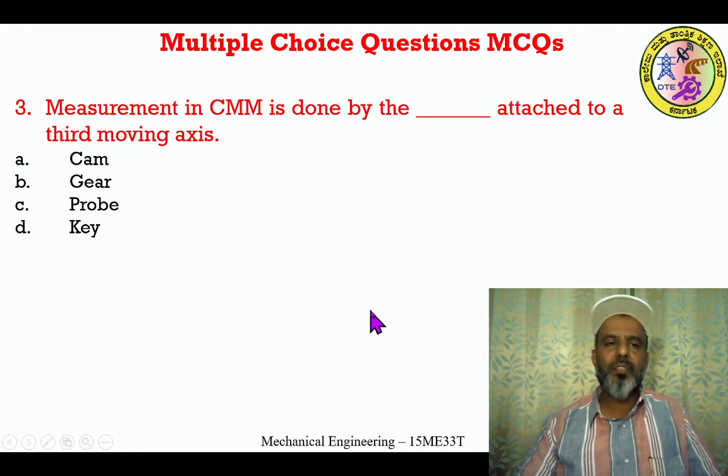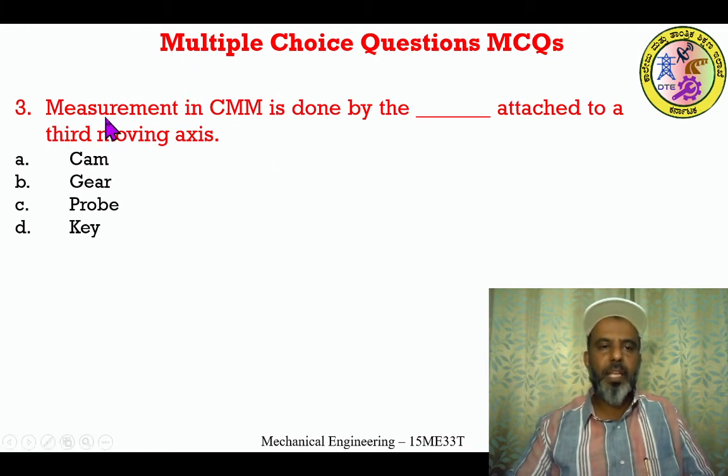Now the next, third thing you should remember. I can ask a question like this: the measurement in a CMM is done by dash attached to a third moving axis. Generally, which instrument is attached to the third moving axis, that is the Z axis? You should know that. There are 4 answers; from these, select the correct one. Your guessing time starts. Wait for 15 seconds; the answer will appear if you do not know.